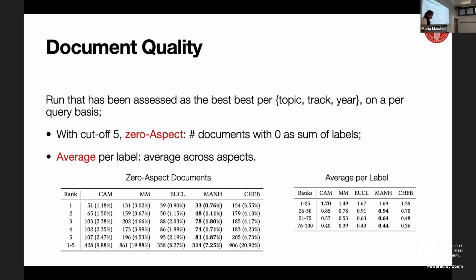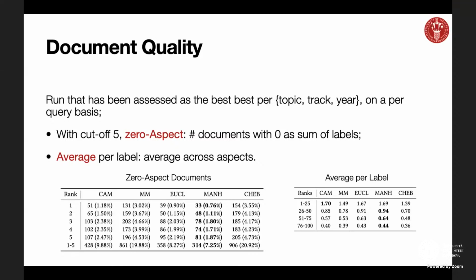And the last experiment we did was to look at the documents that are actually returned when we use these measures to evaluate rankings. We used each measure to select the best run for each topic, track, and year. And then we look at the top K documents that are returned in the run. Here K goes from 1 to 5, for example.